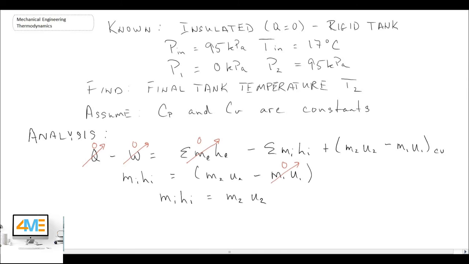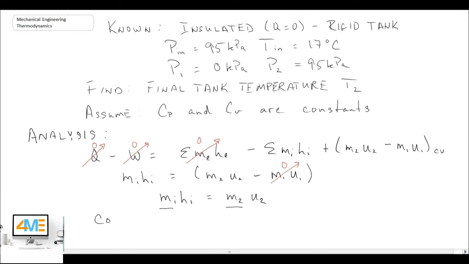So we now have to work with this equation, and by studying it for a moment, we can say that on the left-hand side we have the mass in, and on the right-hand side we have the mass at state 2. It was originally evacuated, meaning that there is no mass in the tank, so everything that flows in becomes mass at state 2.